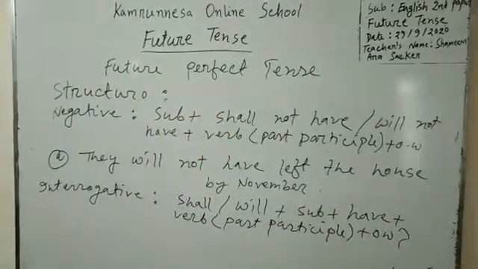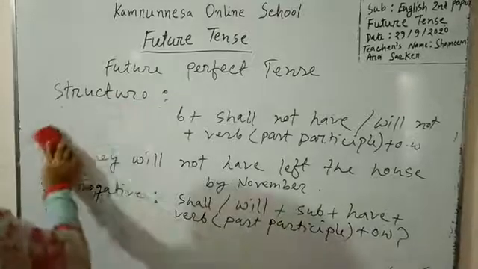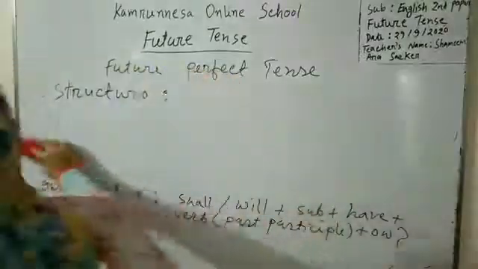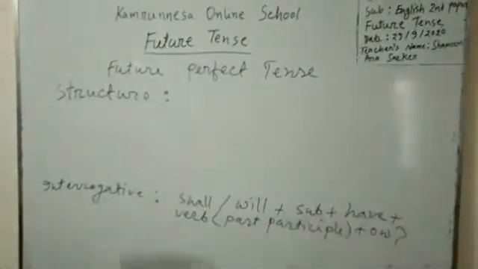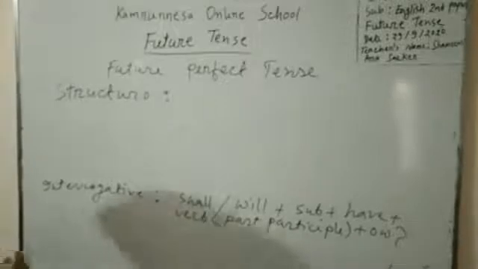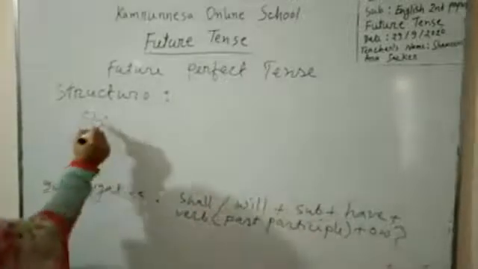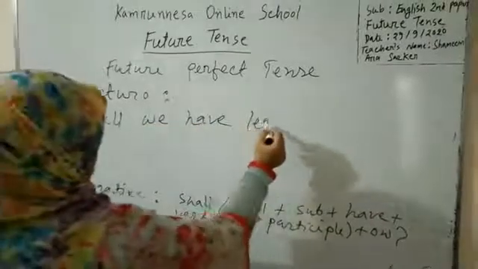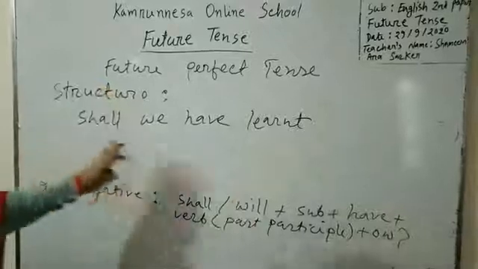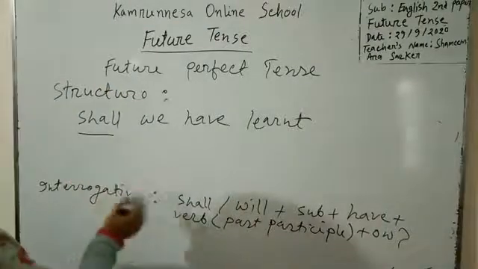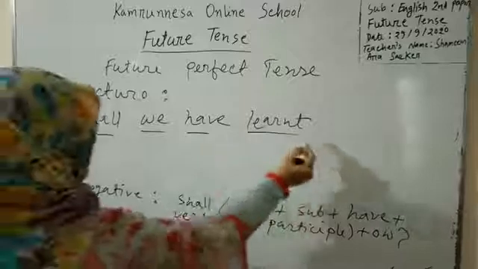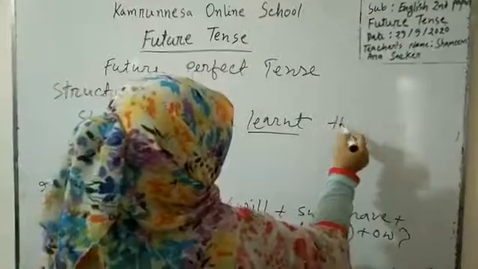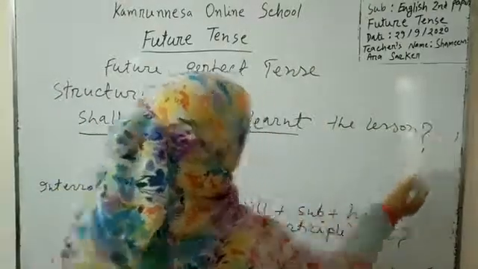Okay, shall we have learned? Shall we have learned? Shall, subject, have, principal verb in past participle form: learn, learned, learned. Yes.